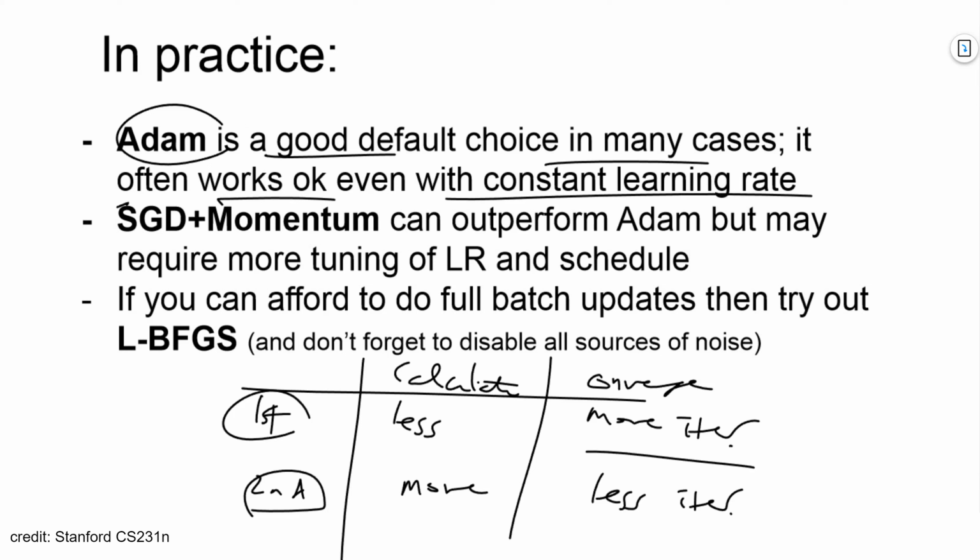And sometimes SGD plus momentum can outperform Adam, but may require more tuning of learning rate and schedule. And if you can afford to do full batch updates, then you could use second order optimization techniques.